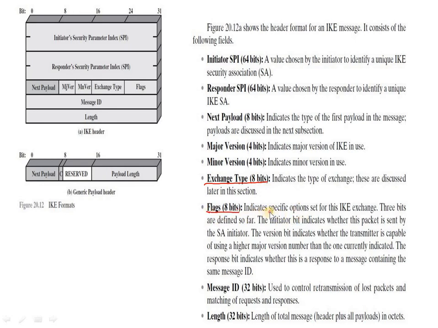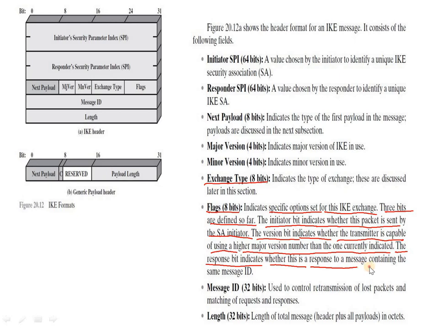Flag. It indicates the specific options set for the IKE exchange. 3 bits are defined so far. The initiator bit indicates whether this packet is sent by the SA initiator. The version bit indicates whether the transmitter is capable of using a higher major version number than the one currently indicated. The response bit indicates whether this is a response to a message containing the same message ID.